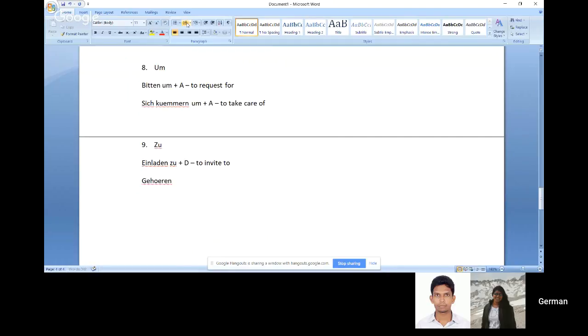Gehören zu plus dative, belong to. The last one, von: hören von plus dative is to hear from.